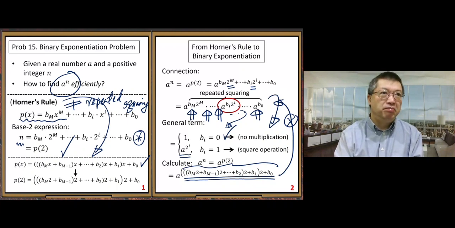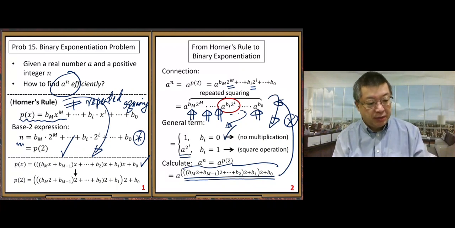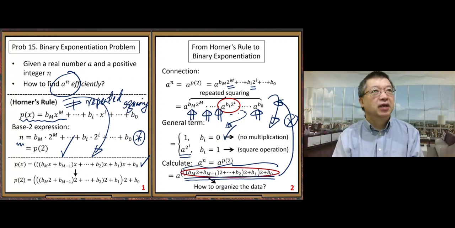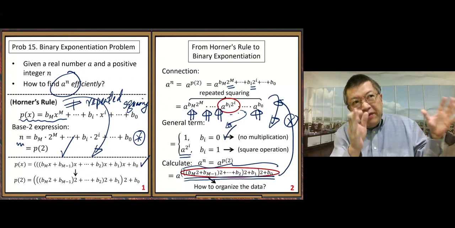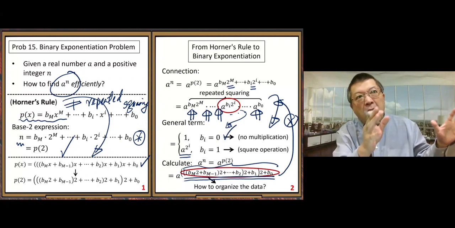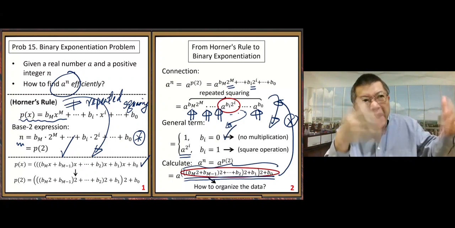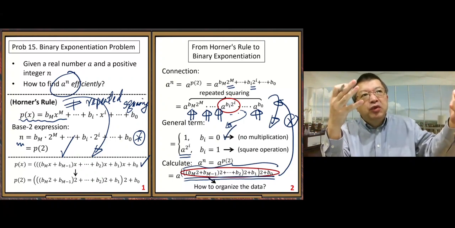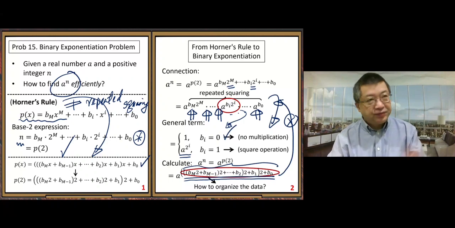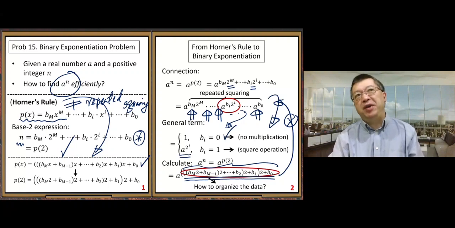But the next question is how to organize data. When we take advantage of the special structure based on Horner's rule, how do we arrange our data to support the calculation? That's our next topic.